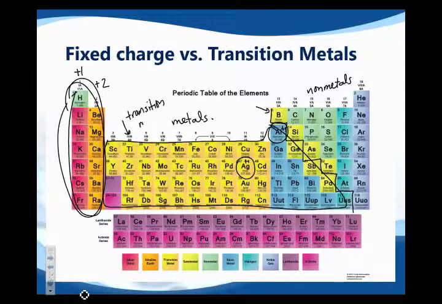Transition metals are a little bit erratic when it comes to their charges, because sometimes they're +1 and sometimes they're +2 and sometimes they're +6 or +3 or whatever, depending on what compound they're in, who they're paired with, and how many of the metal there are. So when you see one of these metals in a formula, you know you have to name it a little differently than metals from over here.